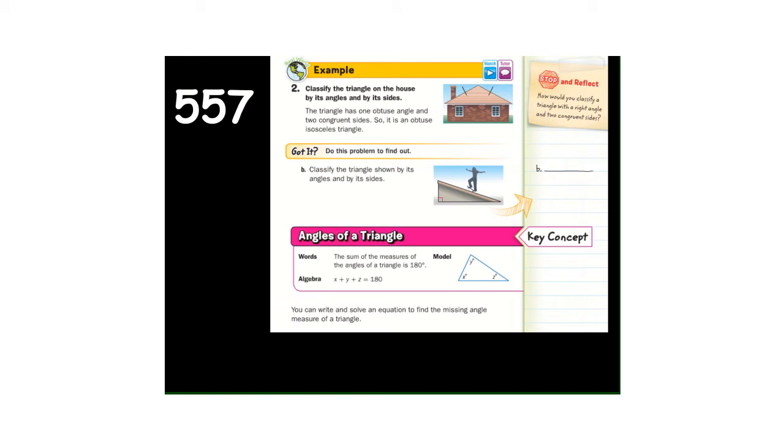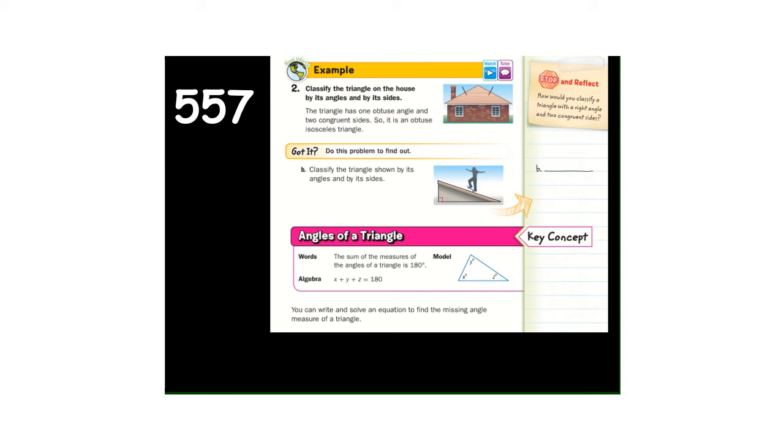Number 2, classify this triangle. That's the roof of the house. Okay, they put those little slashes there, if you see on the top. That means those two are the same length. Okay, in that angle on the top of the house, that peak of the house, that is an obtuse angle. So it is obtuse, isosceles.